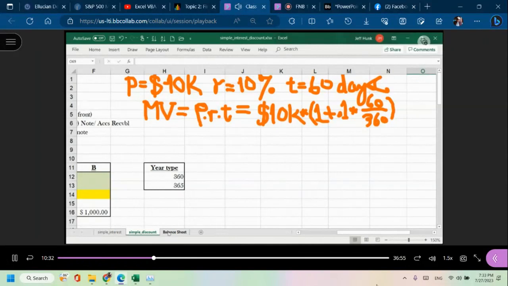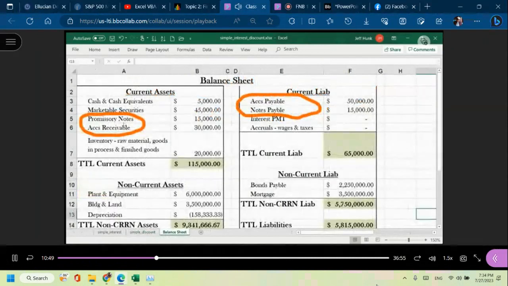In other words, it's a commercial paper that can be negotiated with the bank, right? In other words, they can sell it to the bank. Okay. Now, promissory notes. Think about it. Cash is already cash, right? Cash equivalents are short-term securities that are easily converted into cash.